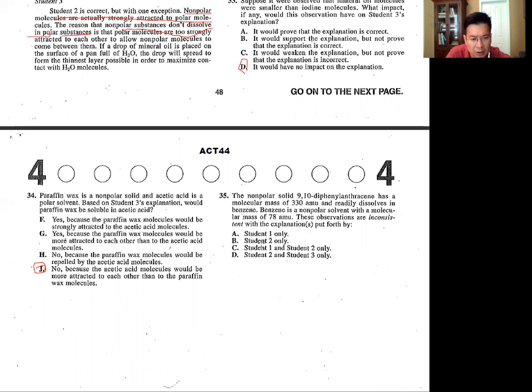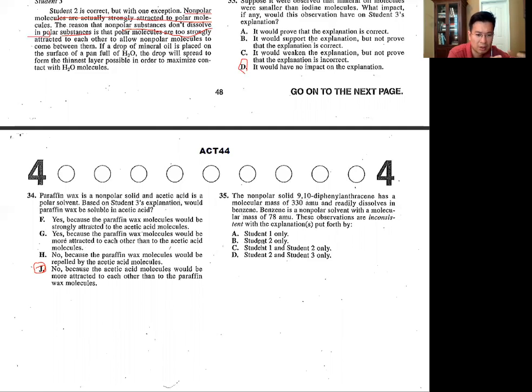35, a non-polar solid has a molecular mass of 910. Inconsistent with, so right now the first substance is bigger, 330, right? And then the next one is 378. Which means this shouldn't dissolve, because the solvent has to be greater in size, but this is the opposite, right?